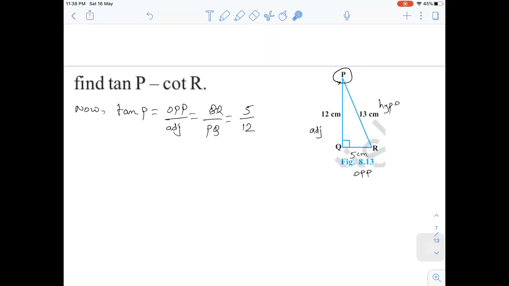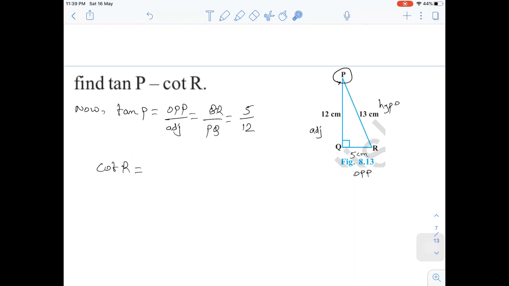Now similarly we have to find the value of cot R. For finding the value of cot R, we have to change our angle. Now remember that we are changing the angle here.